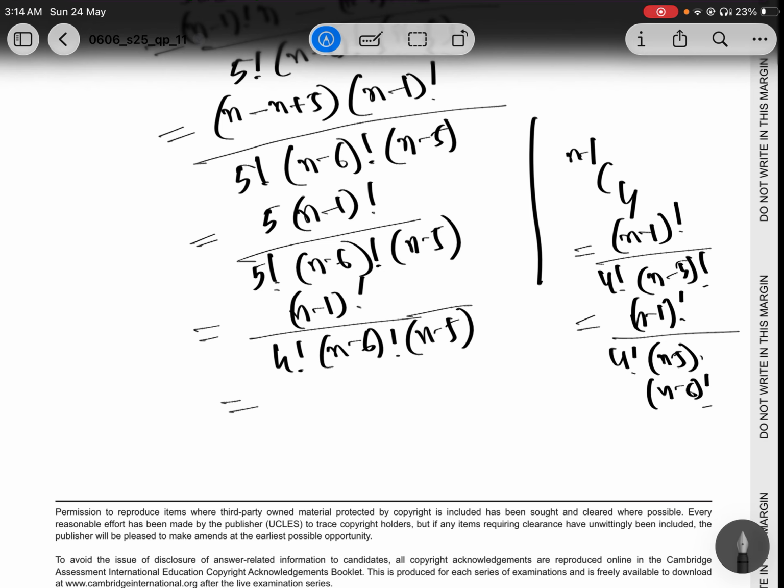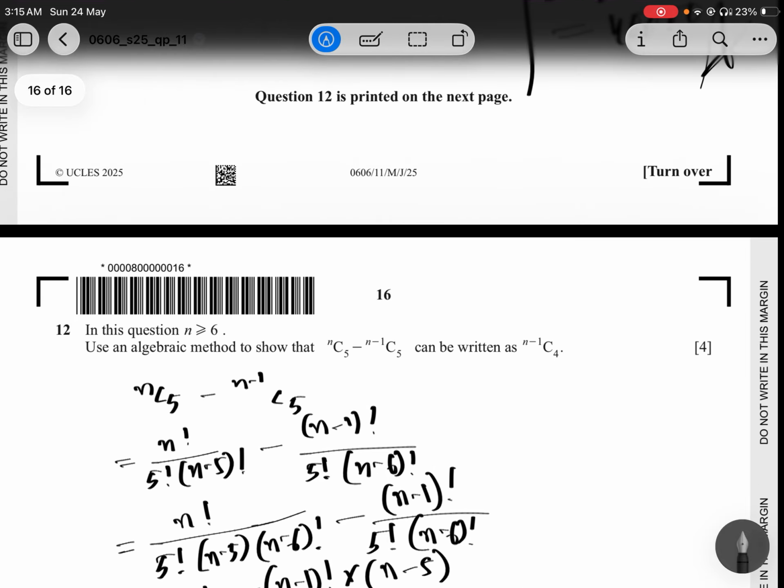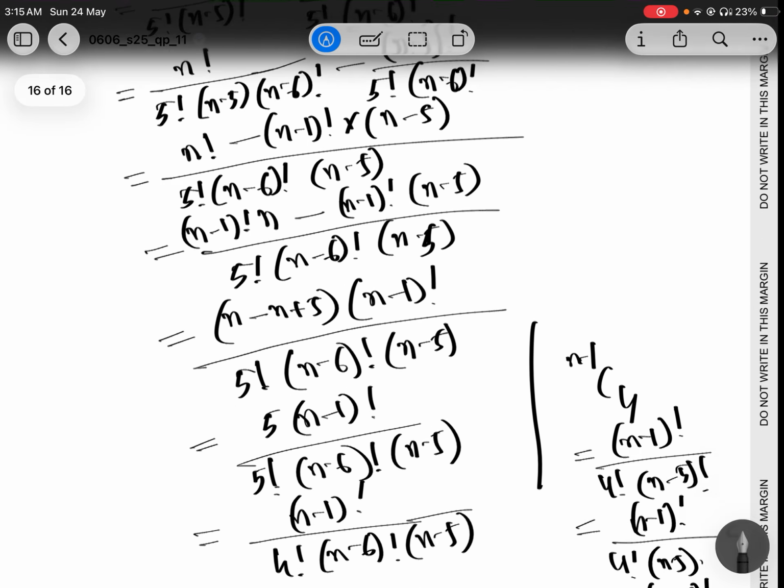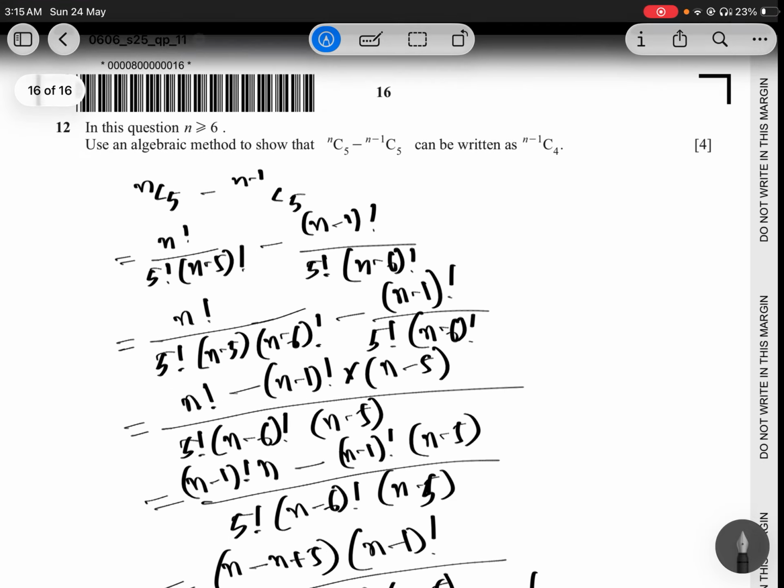Yeah, so it can be written as n minus 1 C4. Holy crap! 78! Now I am far behind on 2 marks.